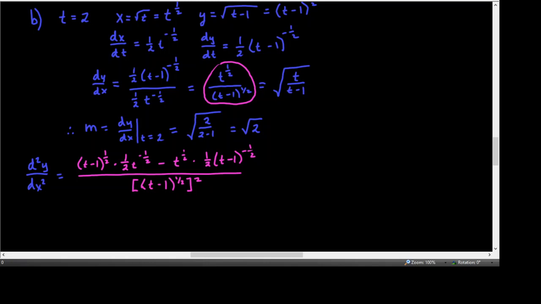Okay, so that's the derivative of our first derivative answer. But then don't forget, this is the easiest thing to forget because you've done a lot of work up until then, that has to be divided by dx/dt. So divide that by 1/2 t to the negative 1/2.